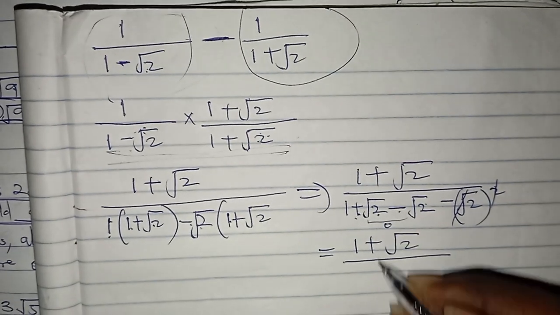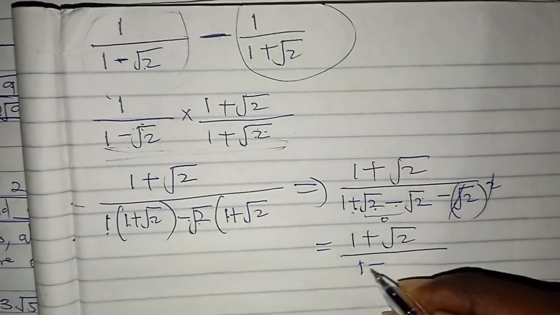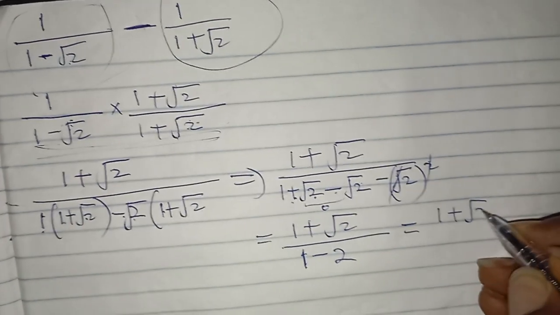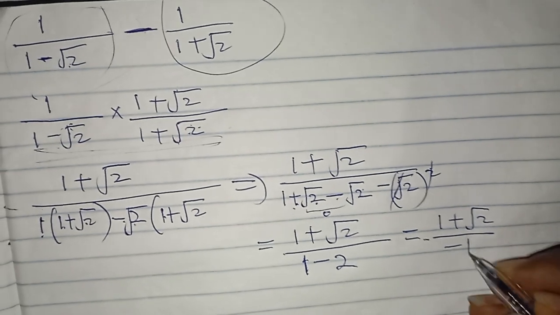So I'm left with 1 minus 2, which is the same thing as saying 1 plus root 2 all over minus 1.